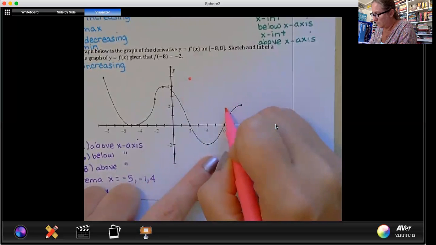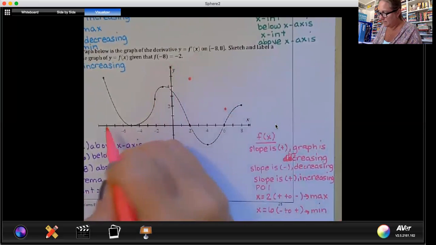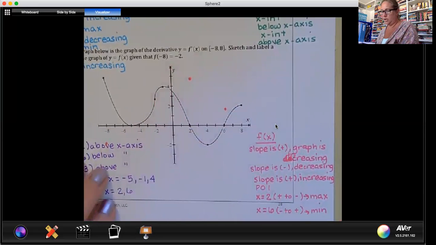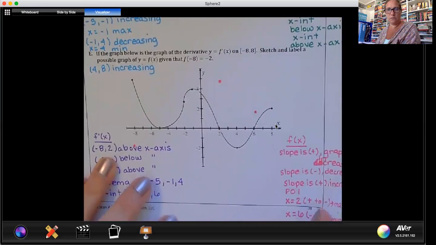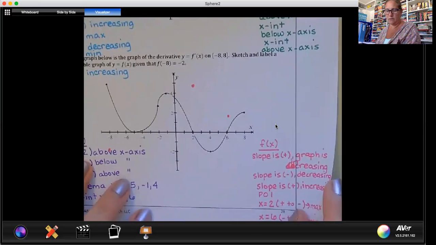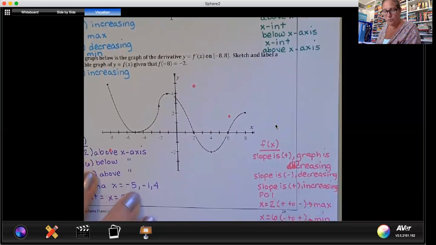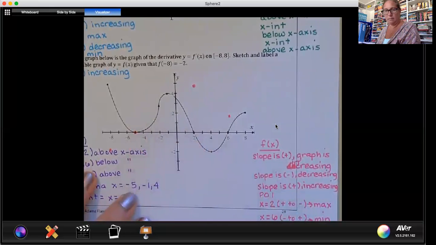We'll just draw it here. The point (-8, -2) is on the graph. And you are increasing until you hit 2. You know at -5, you have a point of inflection.